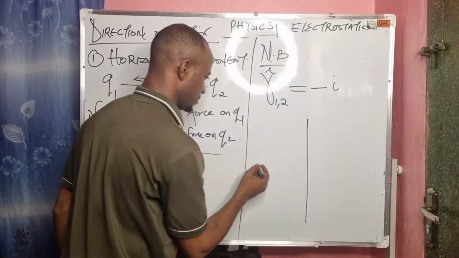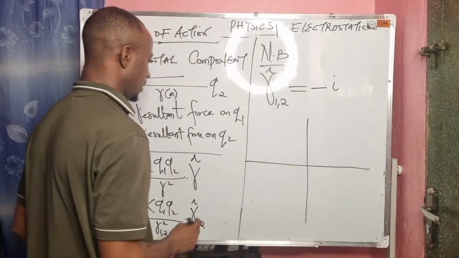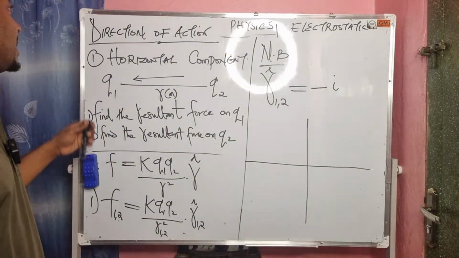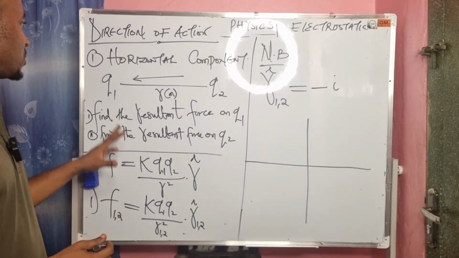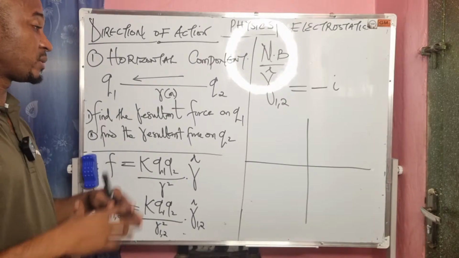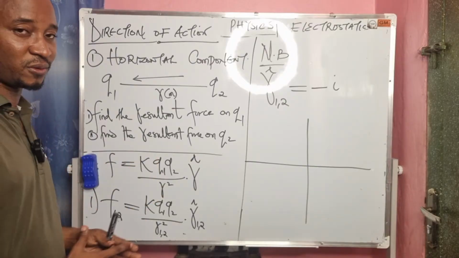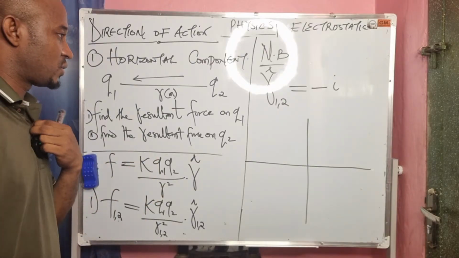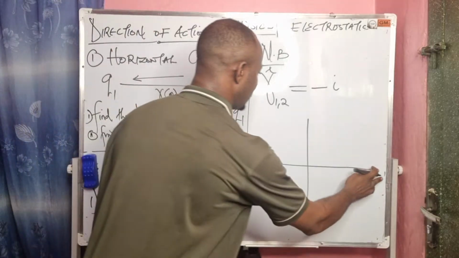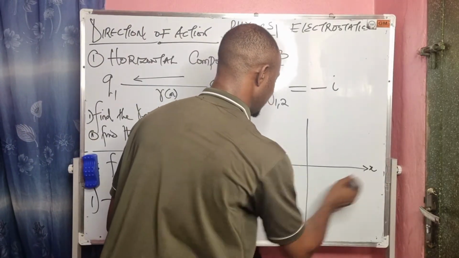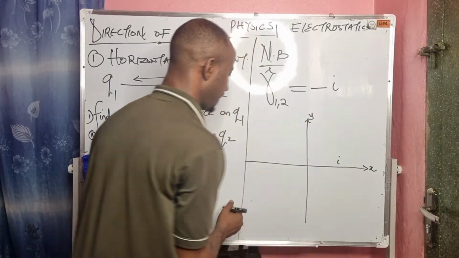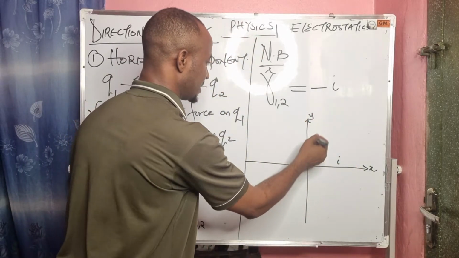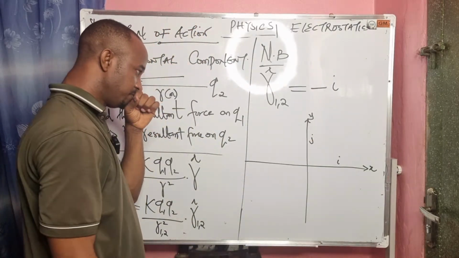A vector can be represented in either 2 components or 3 components, but Coulomb's law is a 2D vector, meaning we have the x, which represents the i component, and the y, which represents the j component.